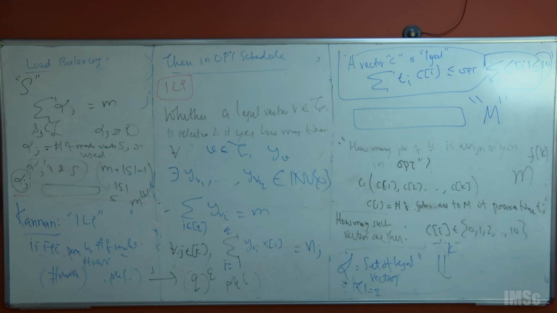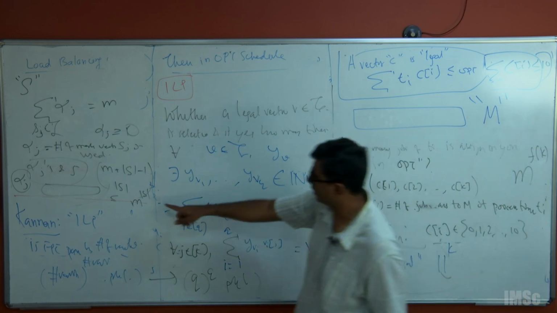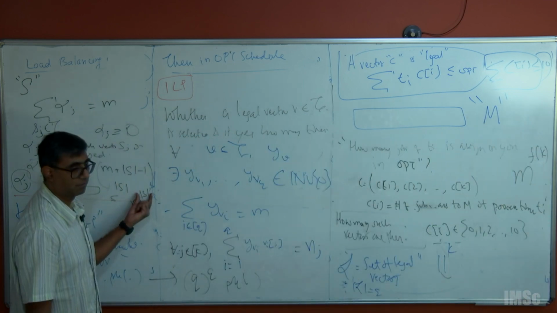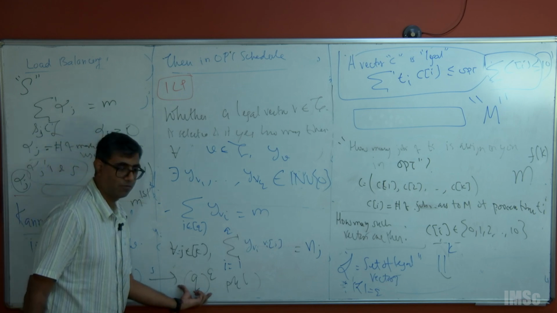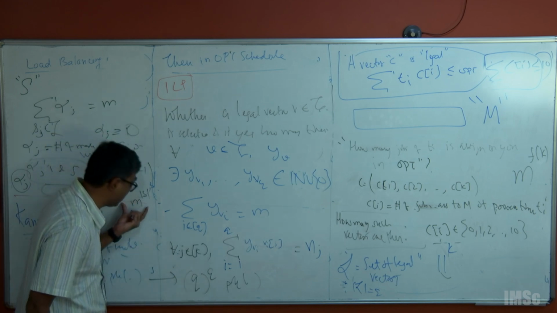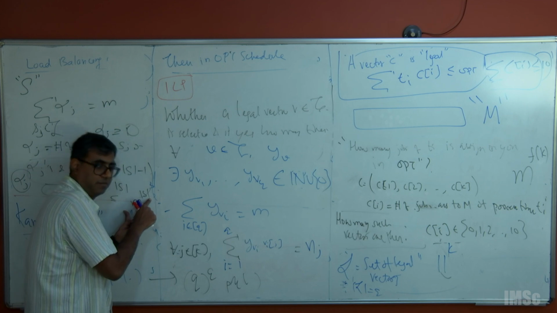So now we are ready to make this algorithm. First I had an XP algorithm, because the running time was m to the power some function of legal vectors, but now I have made an FPT algorithm in the number of legal vectors.